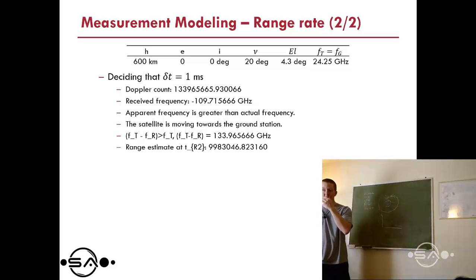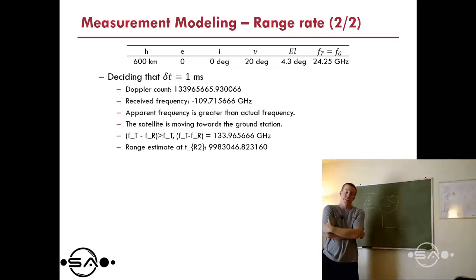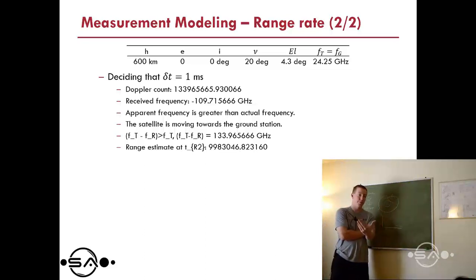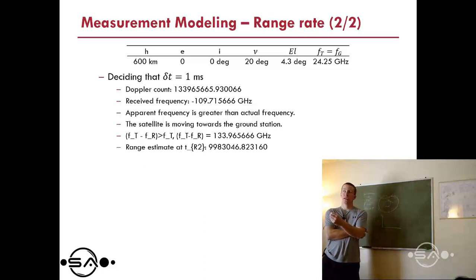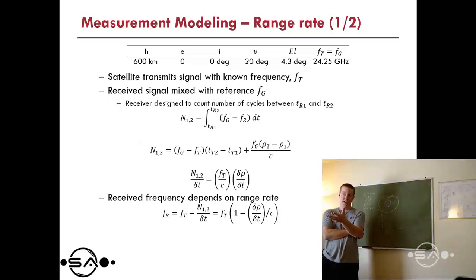So if we decide that, like GPS, our time difference in transmission is 1 millisecond, so start of GPS transmission, the pseudo-random code that's transmitted onto the first transmission, or the coarse acquisition code, 124 bits transmitted every 1 millisecond. So we're going to just use that as an example to kind of work you into setting up something for GPS. We get our Doppler count, we get out a received frequency using the same equations that we had on this slide.